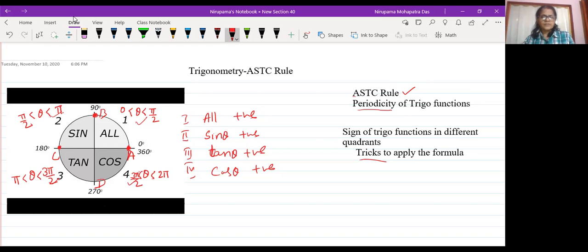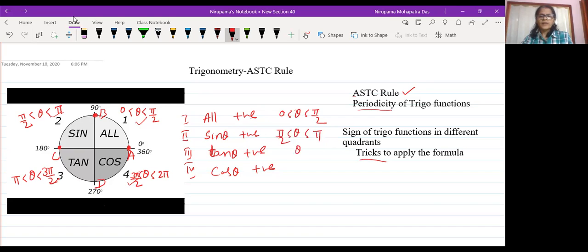For now, let's keep it from 0 to 360 degree, and focus on the quadrants. An angle in the first quadrant is more than 0 and less than pi by 2, an acute angle. Similarly, the second quadrant angle will be more than pi by 2 and less than pi.